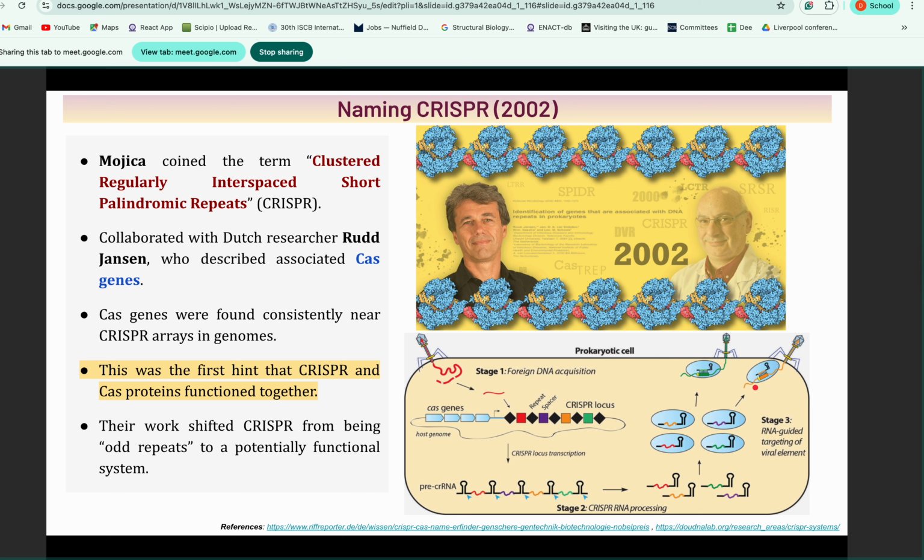So they can easily bind and then they can target the bacteriophage DNA which will be entering into the host. So in that way, RNA guided targeting of viral elements will take place. So this was the defense mechanism of bacteria. This was the role which was later explored, why these elements are present in the bacteria and how they were formed. So it's like the memory of this bacteria, memory of infection.